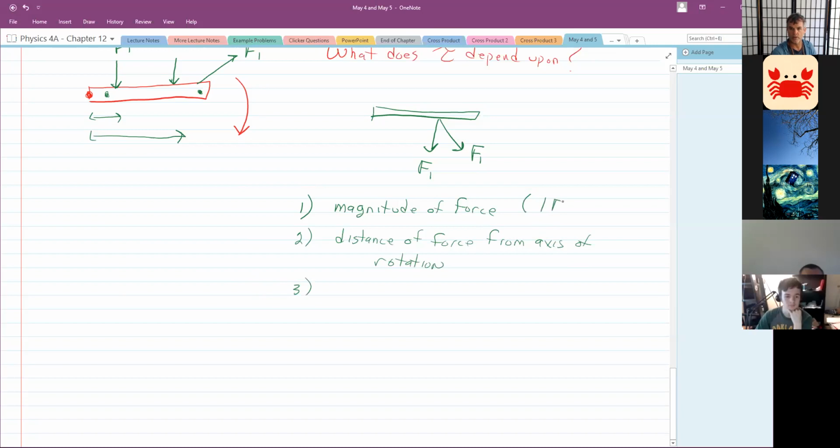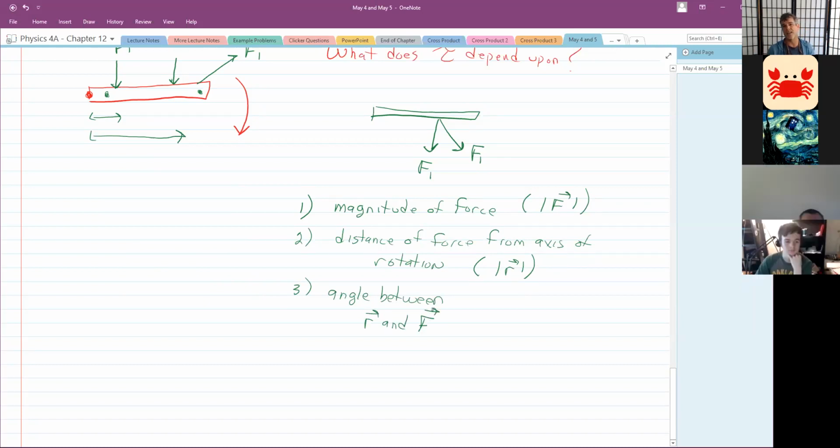Two, how far away from the axis of rotation, we call that just R, where R is the distance between the force and where the axis is. And then three, it depends upon the angle between R and F.